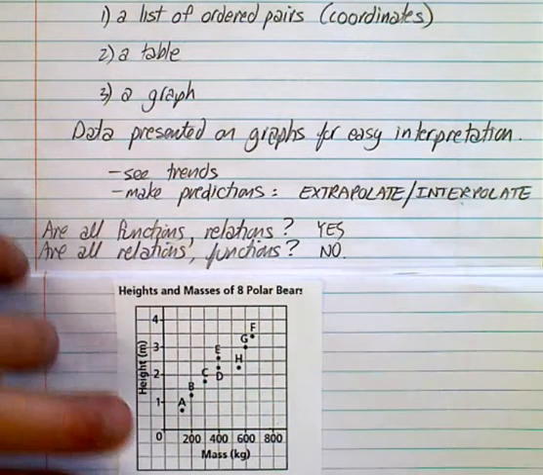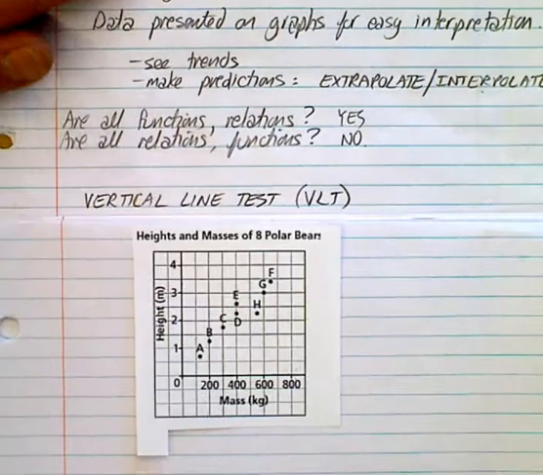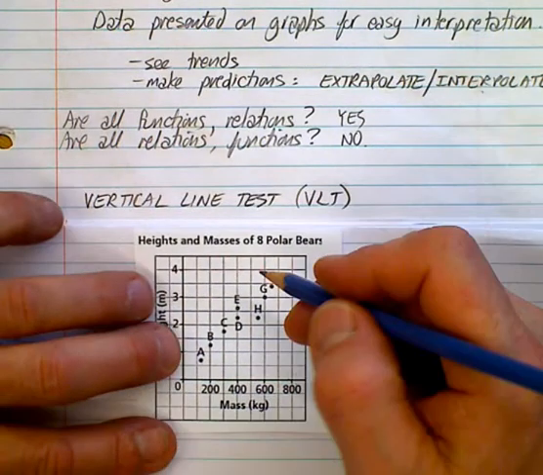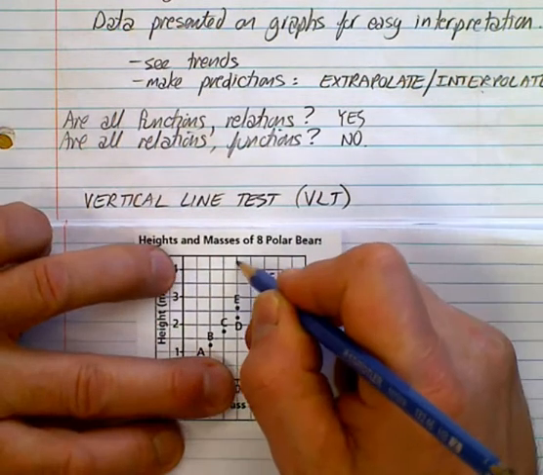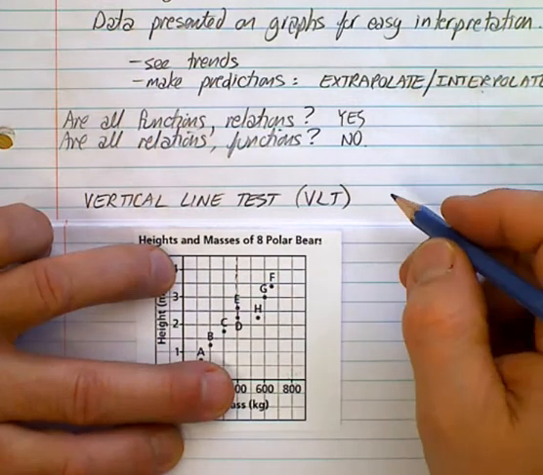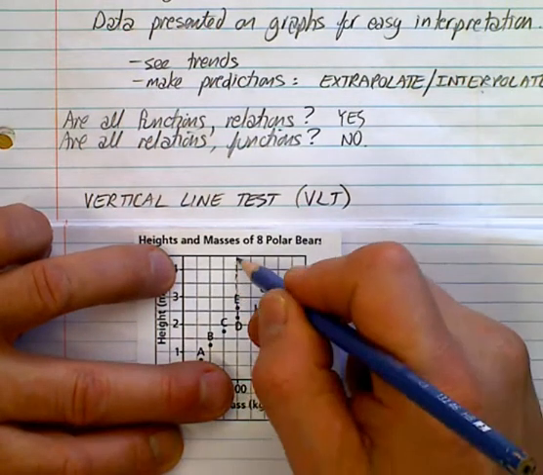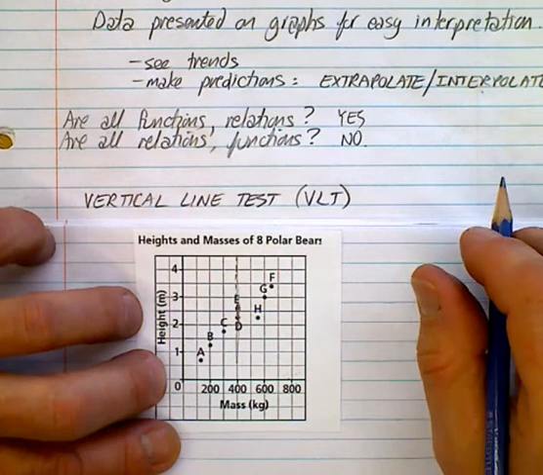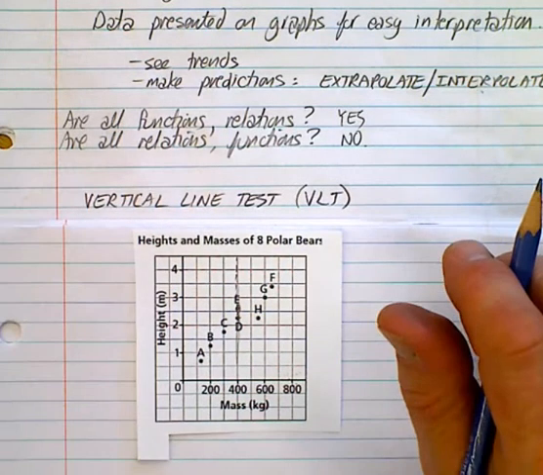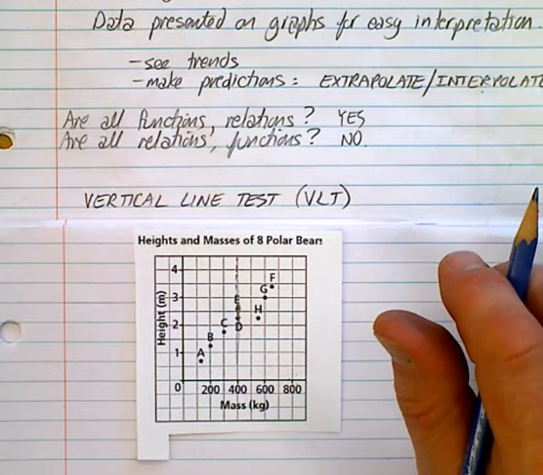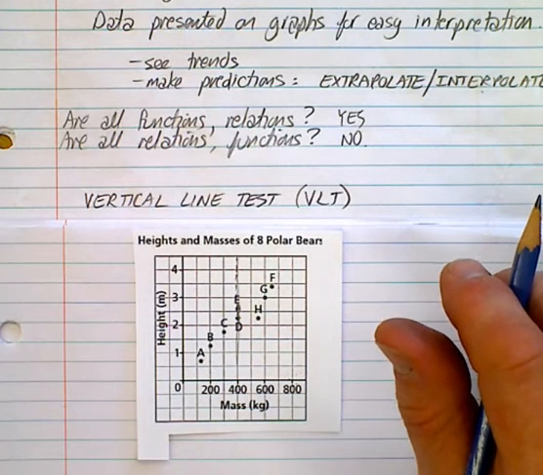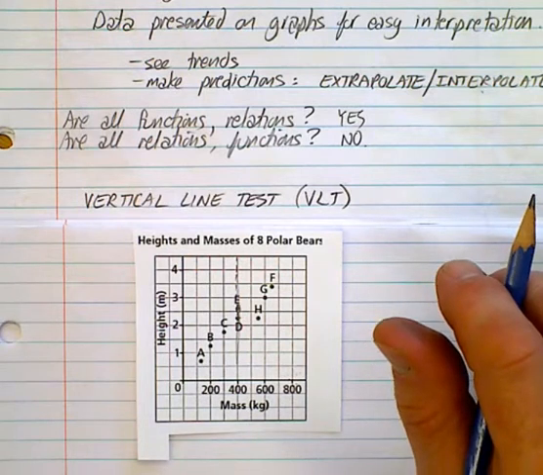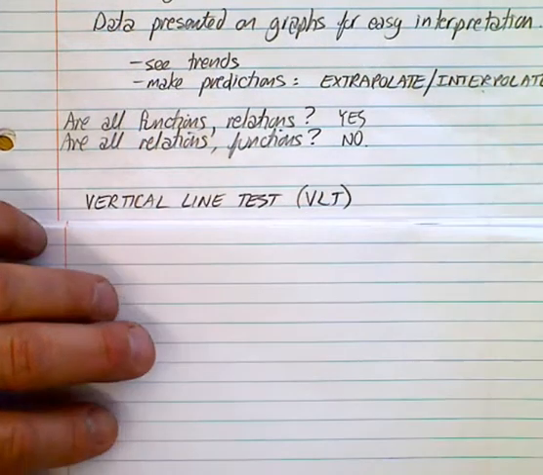Now, from a graph, the vertical line test is something that is going to come up a lot, VLT. What that basically means is that if you can draw a vertical line and cross 2 points, then you don't have a function, okay? That's basically it. Let me just quickly show you an example.